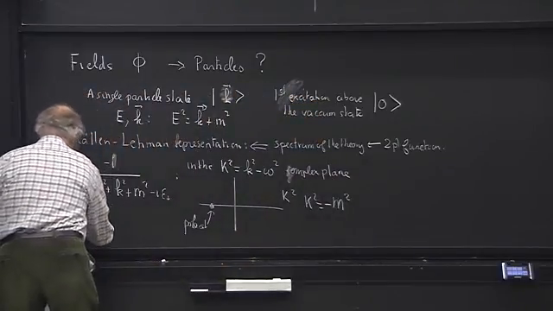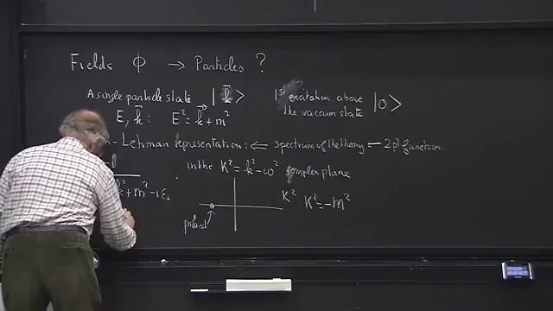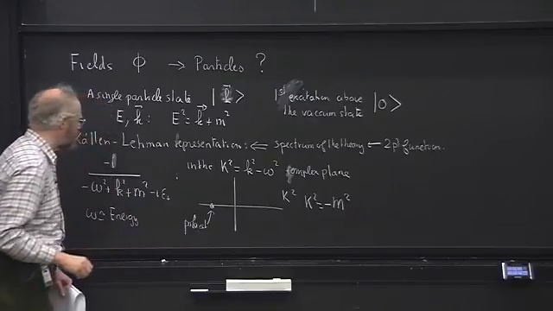And omega is more or less the energy. K is a momentum and omega is an energy.